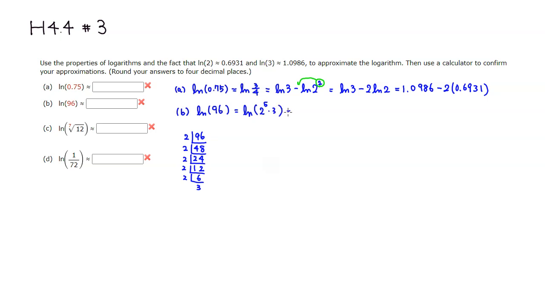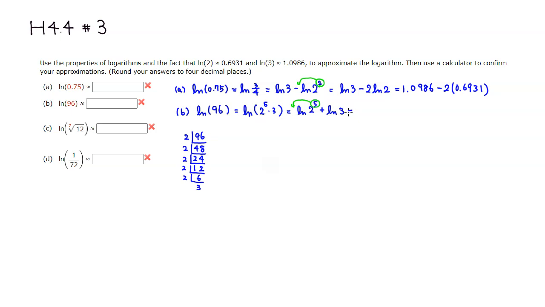Since there's a multiplication, we can write it as the natural log of 2 to the 5th power, and then, since it's a multiplication, we can do addition, and then the natural log of 3. Just like part A, we can bring 5 in front of the natural log.